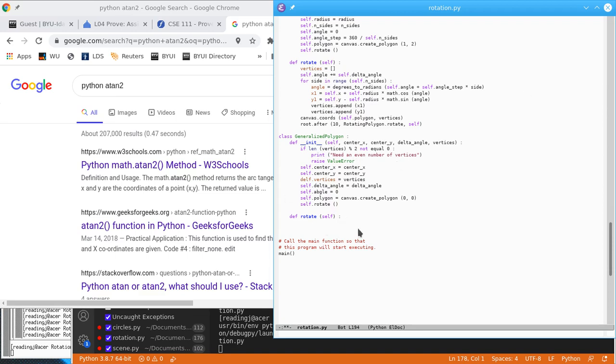Okay, so now down here we can say for index in range len self.vertices over 2, and we forgot to, so self.angle plus equals self.delta angle.